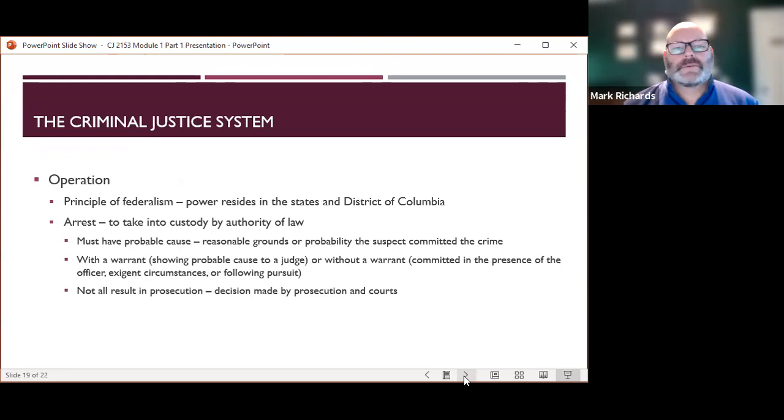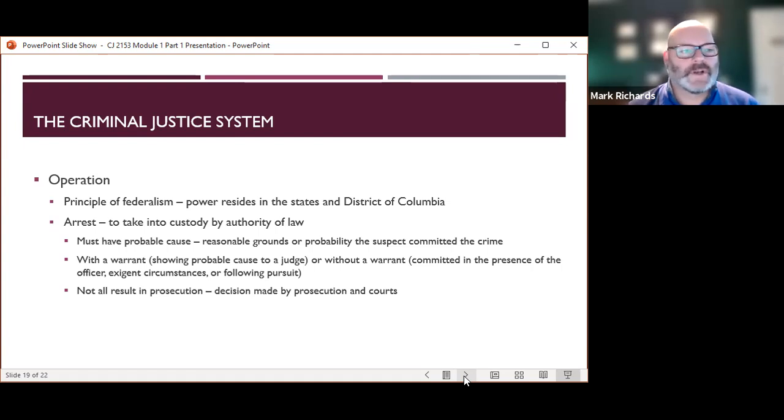The American criminal justice system operates under the principle of federalism, where power resides within the states and the District of Columbia. In terms of the authority of law to take a person under custody, we know that to be what's called arrest.